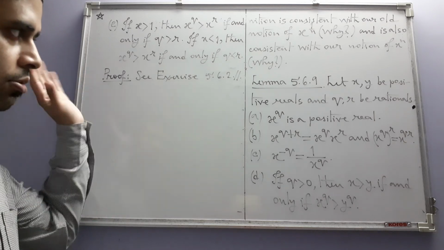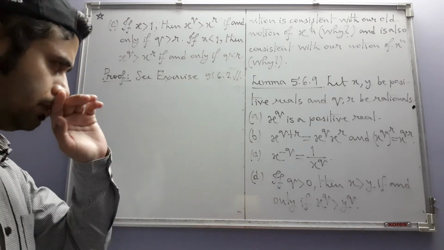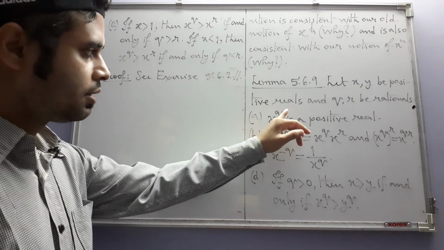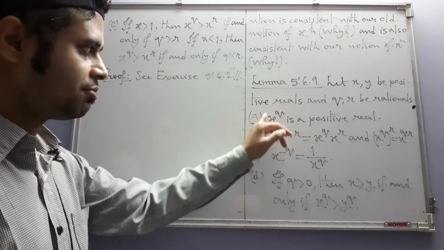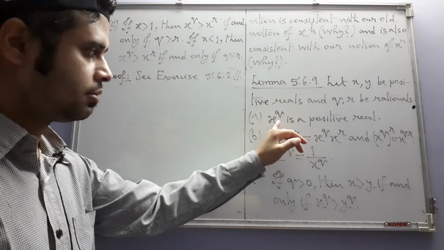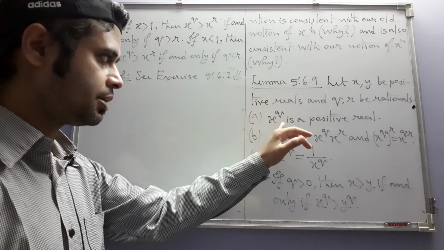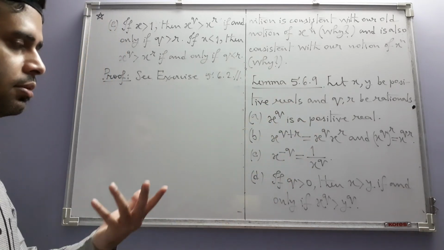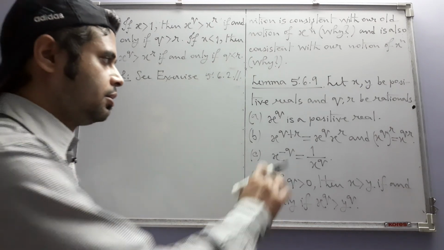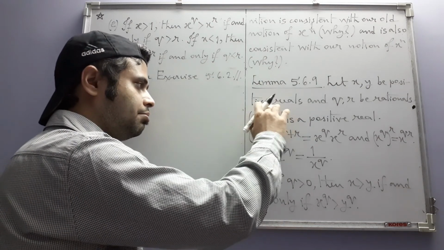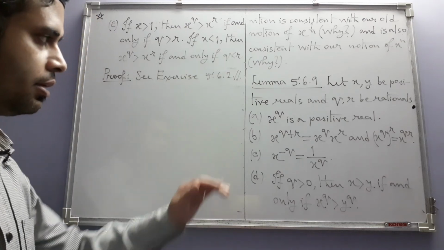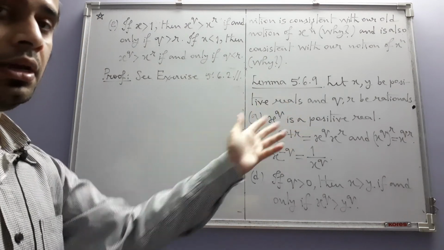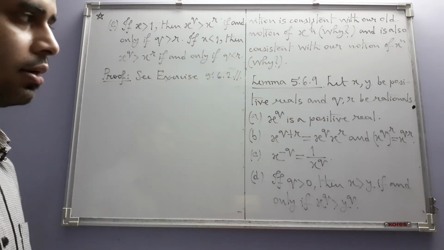And okay, so all these things we have done are for defining the exponentiation where the exponent is rational, but we still have to go to the case where we can define the meaning of x to the power q where q is a real number and x is a positive real number.